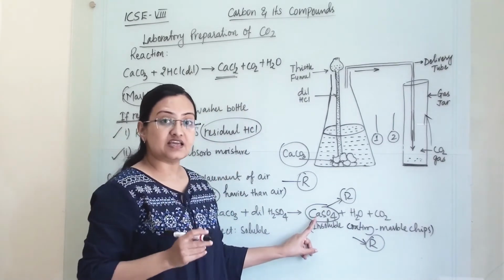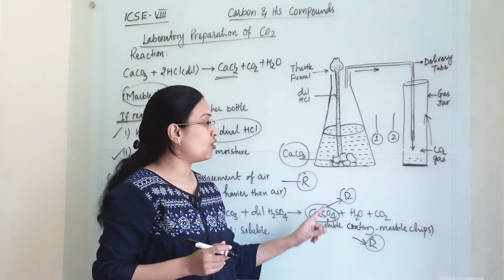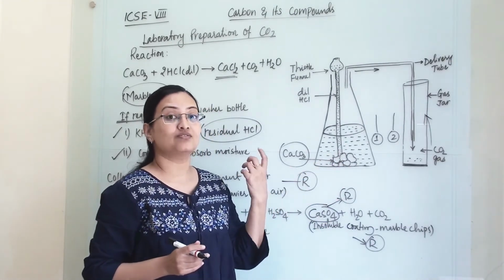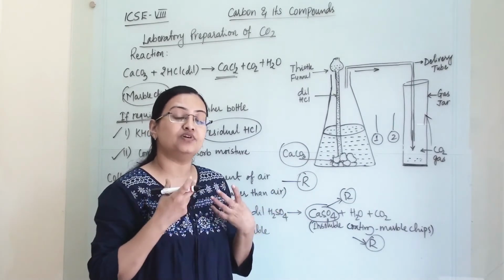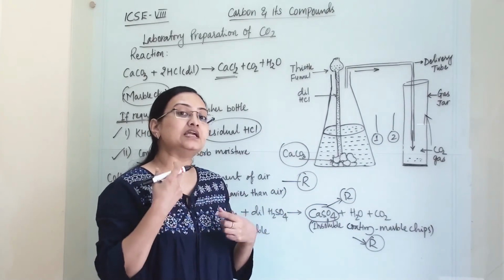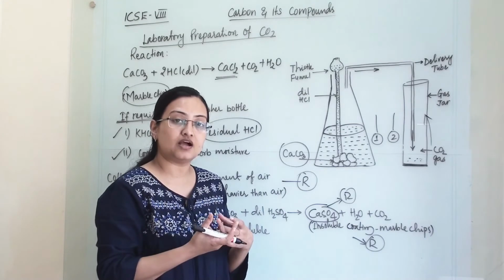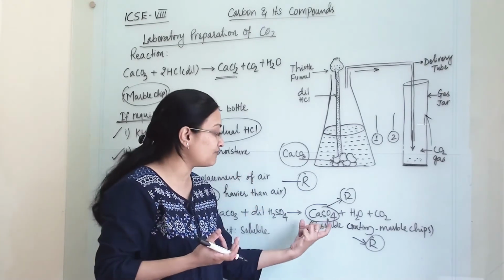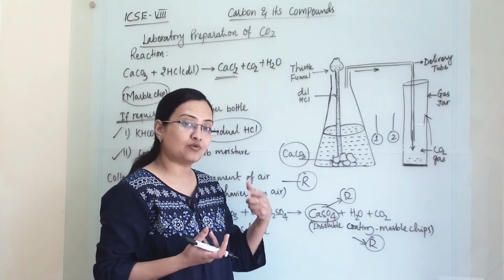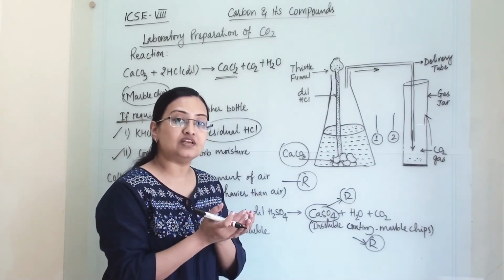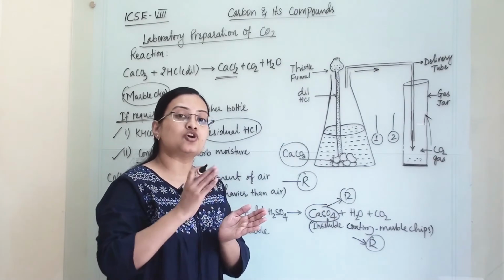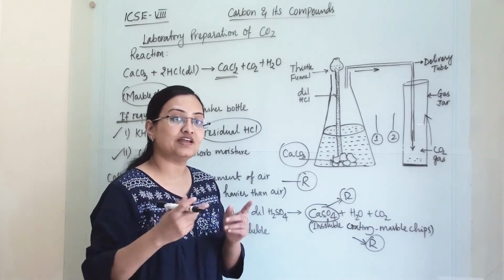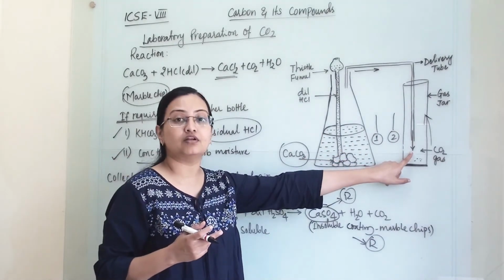So this CaSO4, calcium sulfate, will form on the surface of calcium carbonate, because sulfuric acid is very reactive. Immediately it will come in contact with calcium carbonate and form an insoluble hard coating of calcium sulfate on the marble chip. Once that coating forms, our marble chip will stop reacting and this reaction will not proceed further, and in turn we will not get our product.